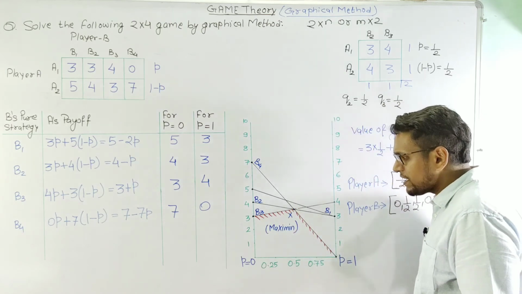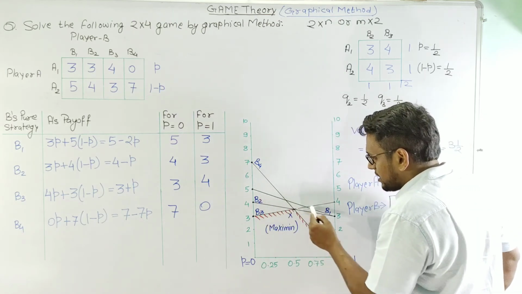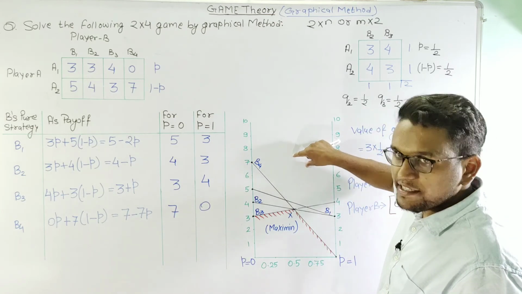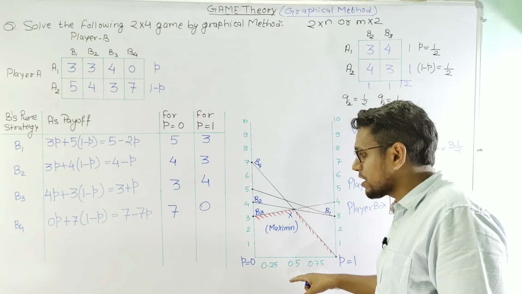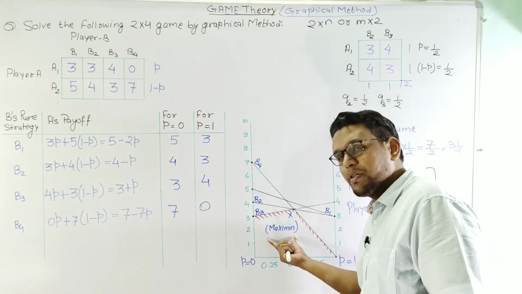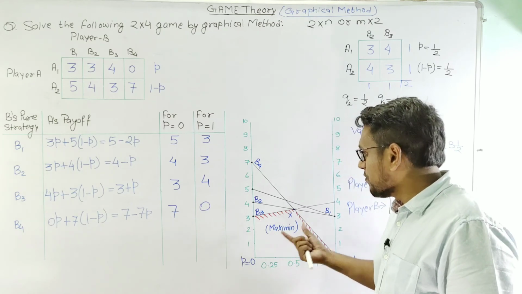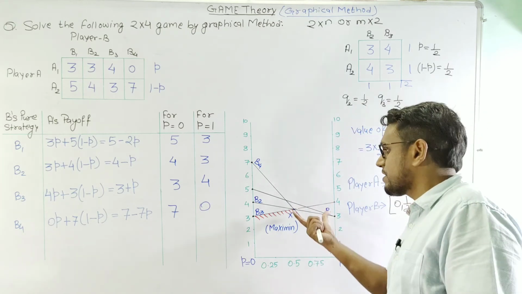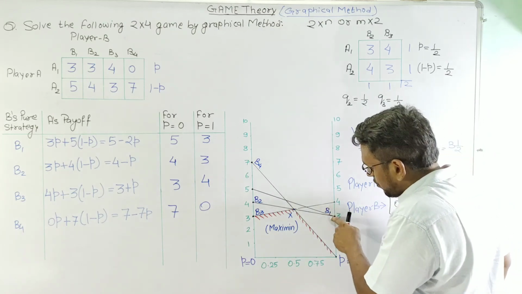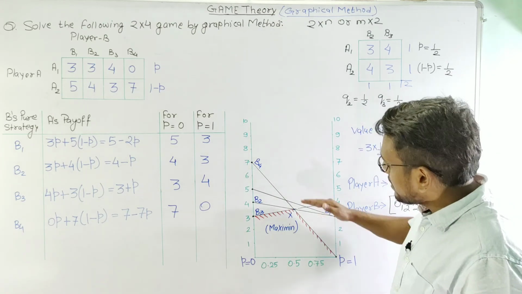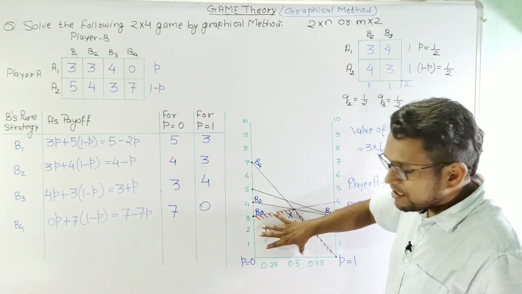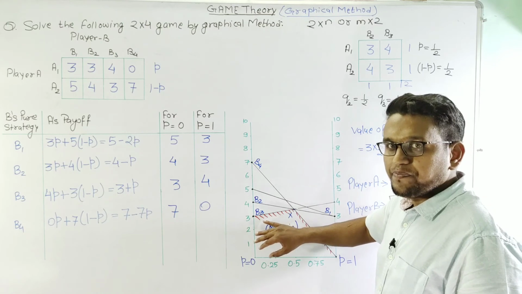So we can say that strategy B1 is known as a redundant strategy. That means it does not contribute to the feasible region or to the maximum or minimax value. So whenever we take any such strategy which can be dominated, it is of no use, because this strategy will be redundant and it will not participate in the feasible region.